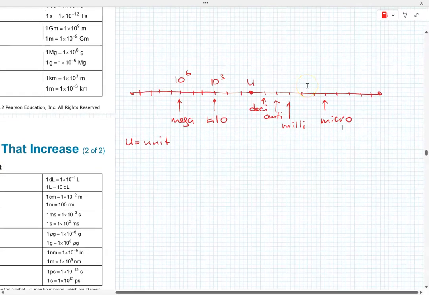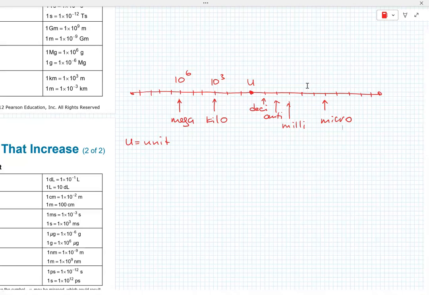So let's say I want to say that the distance between Cleveland and Columbus is 176 kilometers. We can say that there's a decimal point here, just a tiny little decimal point.